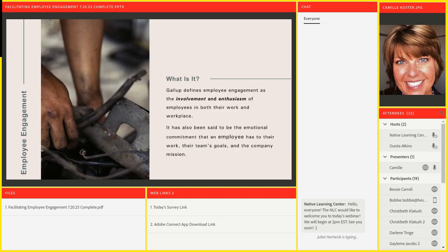So what is employee engagement? I introduced Gallup to you a moment ago. I would love to know in the chat if anybody has heard of Gallup or studied with Gallup, or seen any of their reports. Gallup is an organization that was established in 1935. They began studying organizational leadership really before the term organizational leadership was around.